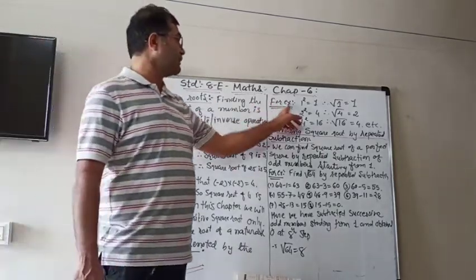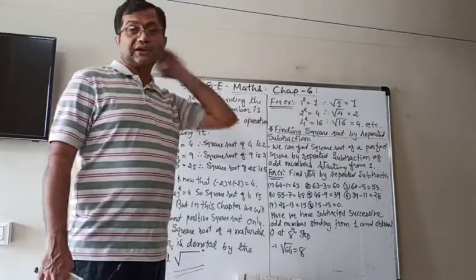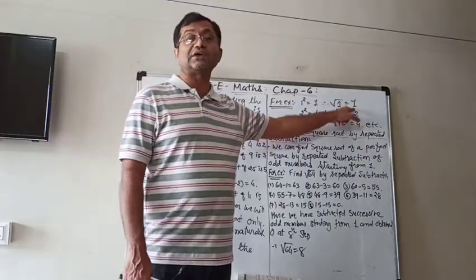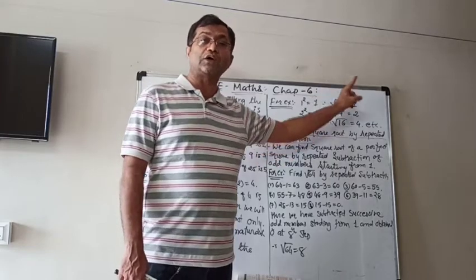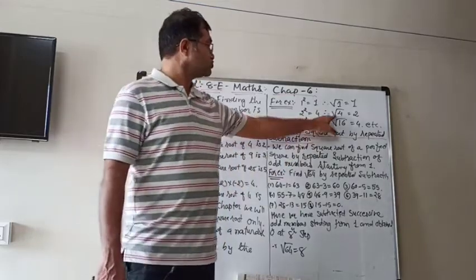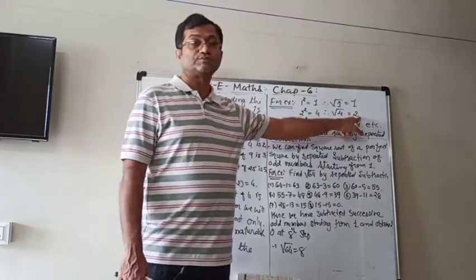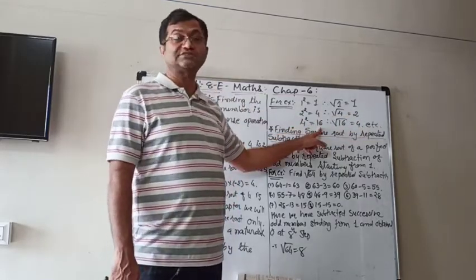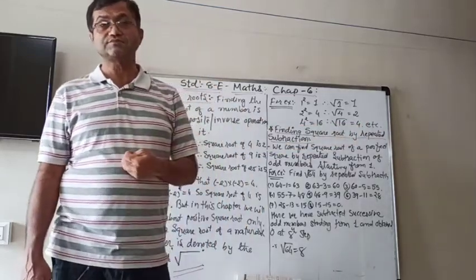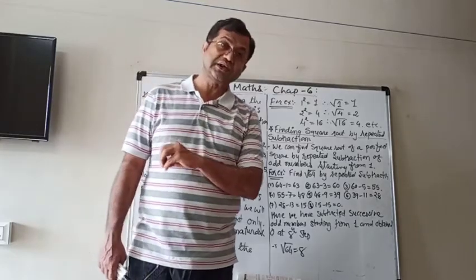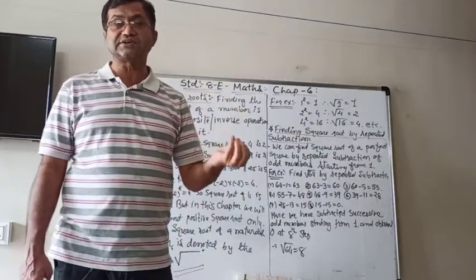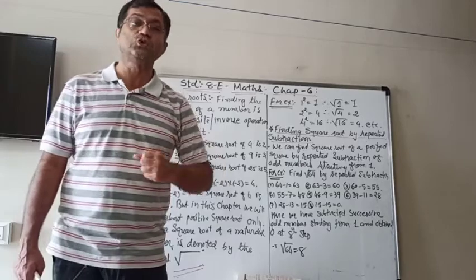For example, 1 square is 1, so we write square root of 1 is equal to 1. 2 square is 4, means square root of 4 is 2. 4 square is 16, means square root of 16 is 4. 10 square is 100, means square root of 100 is 10. 6 square is 36, means square root of 36 equals 6, and so on.